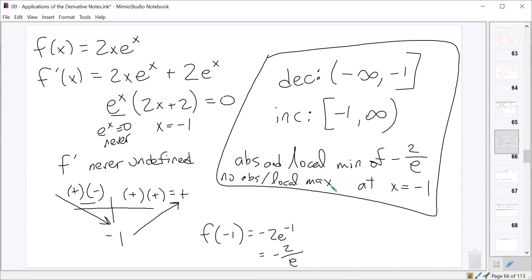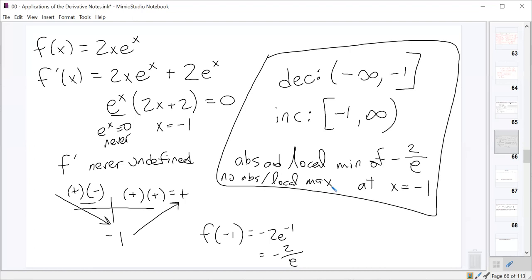And now we need to plot that point. Well, e is about 2.71828 something. It's a nice little irrational number, or constant. But 2 over 2.7, you could kind of ballpark that. It looks like a little more than 2/3, but probably a little less than 3/4.